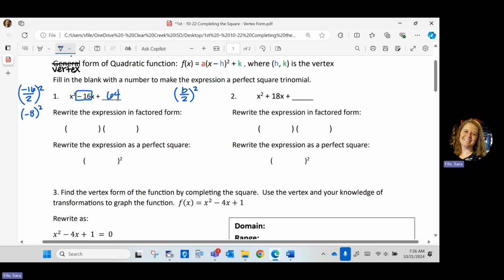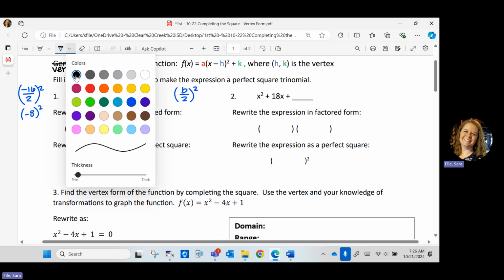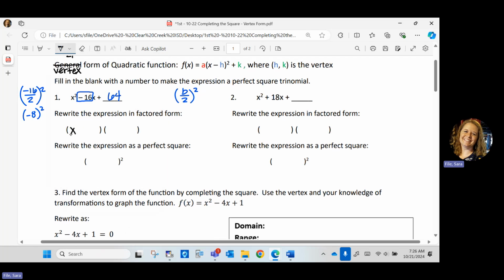So that would create the perfect square trinomial, which would factor, okay, what makes it a perfect square trinomial is that it factors to the exact same binomial twice, because what multiplies to 64 but adds to negative 16? Yeah, it's this number that we got right over here. It's half of b. It's negative 8.